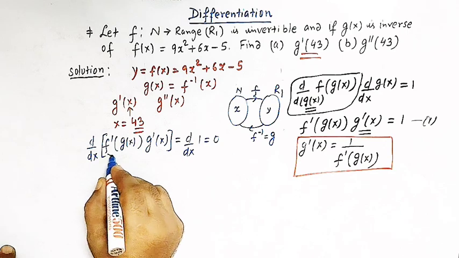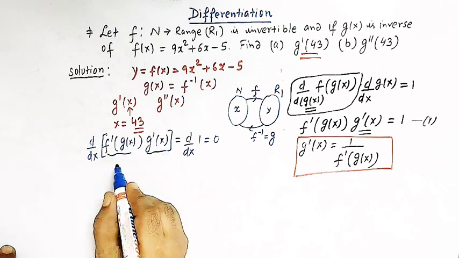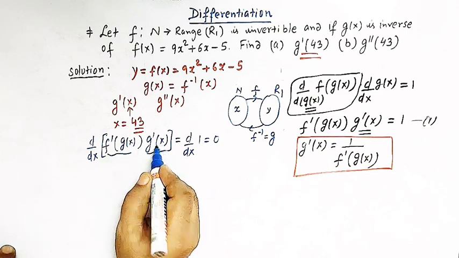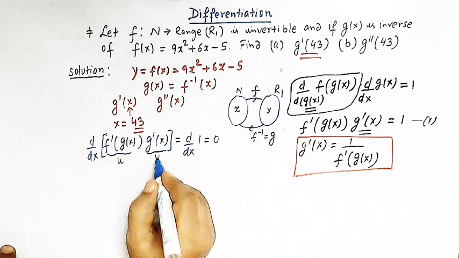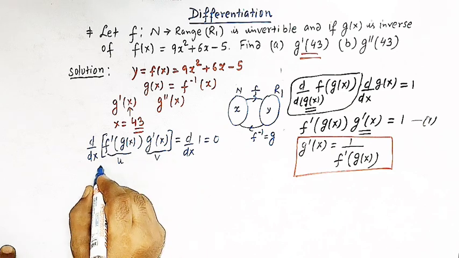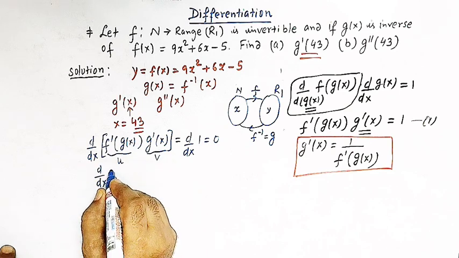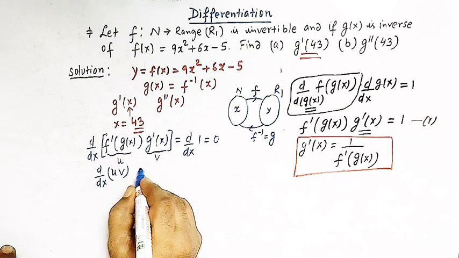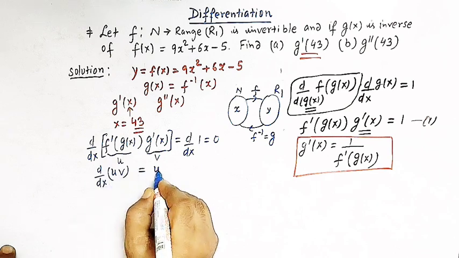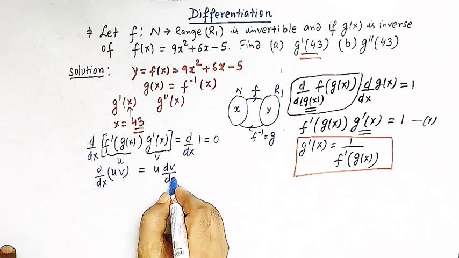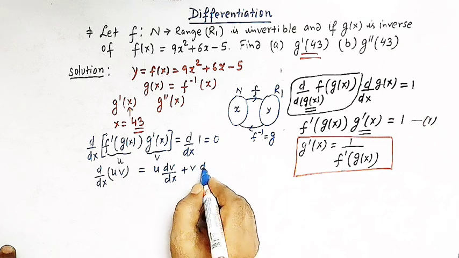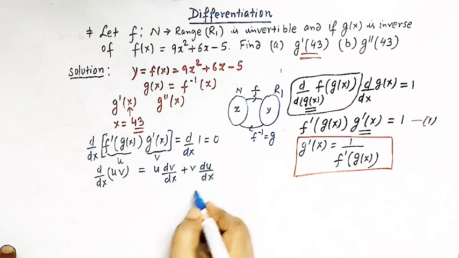Right, and here now we have the product of two functions. So here we have u and here we have v.